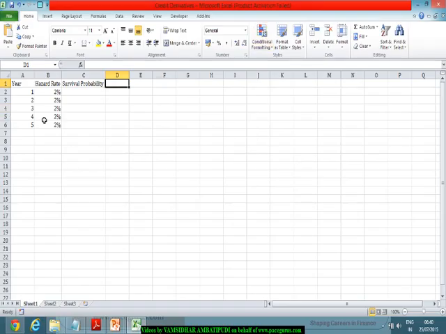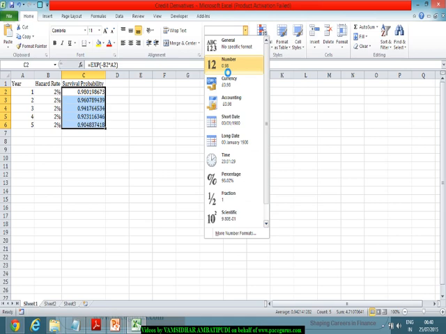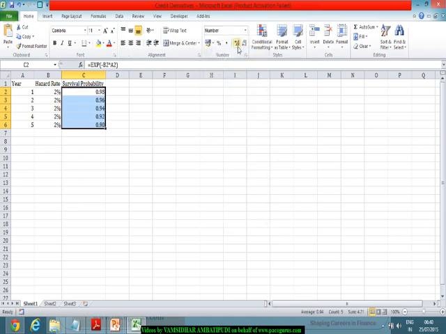For each of the years, I can calculate cumulatively the survival probability at the end of the tth period, which comes out to almost 0.9801 in the first year, and it goes on like this. I'm taking a 4-digit decimal. So these are my survival probabilities for each of the periods.